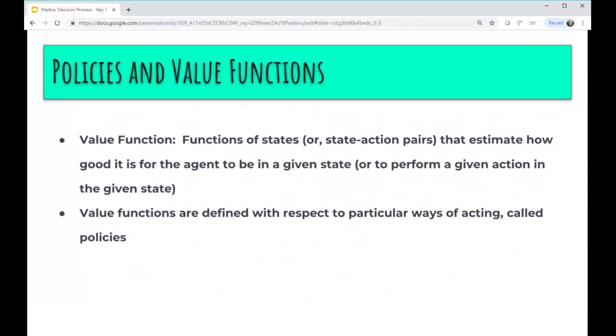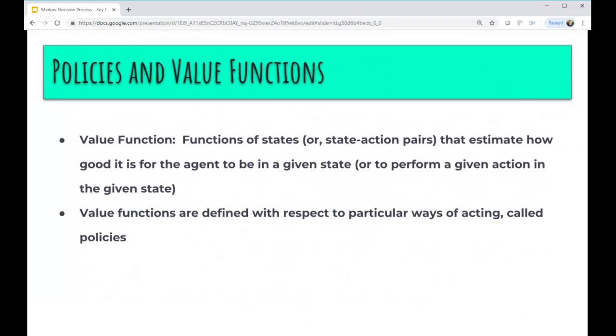So now a new topic. Let's talk a little bit about policies and value functions. A value function is a function of the state, or if it's a Q value function, it's a function of the state and action that's taken in that state, that estimates how good it is for the agent to be in that particular state, or for the Q value version, to perform a given action in that state.